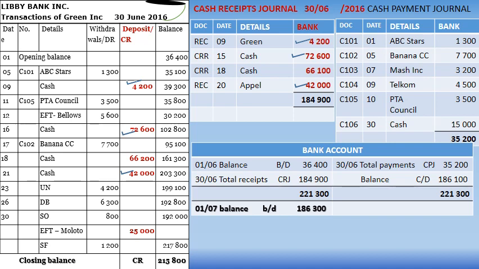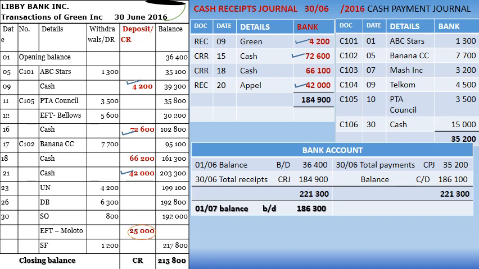On the 30th, there's an item marked as EFT from Moloto. The amount is 25,000. This amount is unticked. Therefore, we will reflect it as an outstanding item by putting it in a circle. This entry is only reflected on the deposit side of the bank statement. It's not reflected in the bank column of the cash receipt journal.